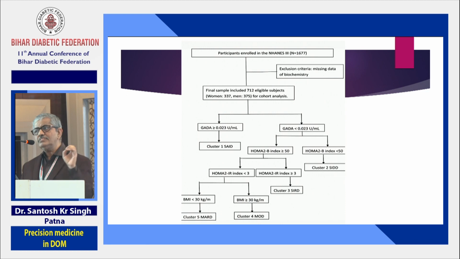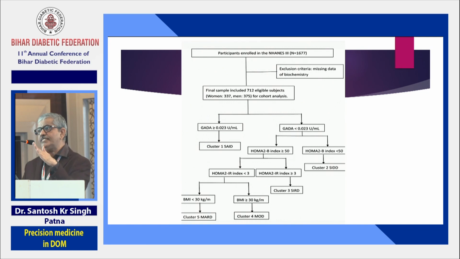In my own series from East India, along with my friend Shailendra from BHU, interestingly you will be able to know that almost only 6% of patients were typical of mild obesity related diabetes. 24% were typical insulin resistant diabetic, and 42% patients were severe insulin deficiency, and insulin deficiency with SIRD, which is again reported by the V. Mohan Center, was the other 24% category.